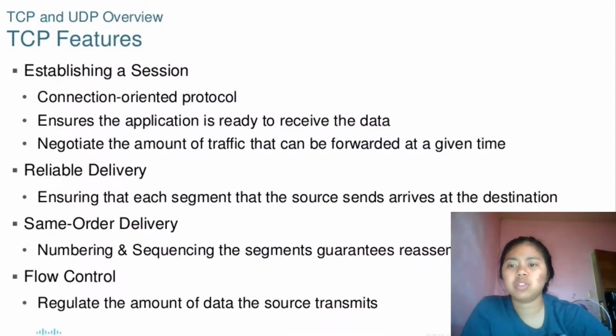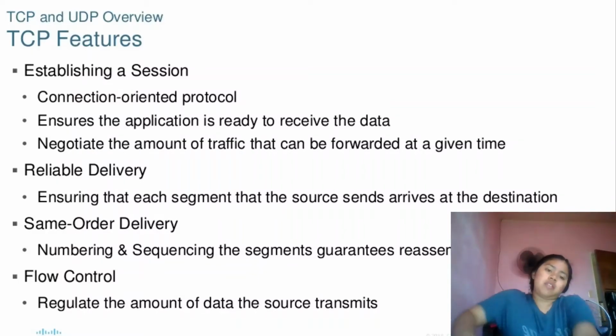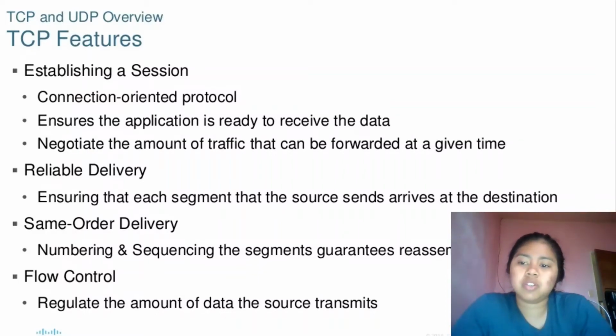TCP features: establishing a session, reliable delivery, same-order delivery, and flow control. Establishing a session: a connection-oriented protocol ensures that the application is ready to receive the data, negotiates the amount of traffic that can be forwarded at a given time, and ensures that each segment that the source sends arrives at the destination.